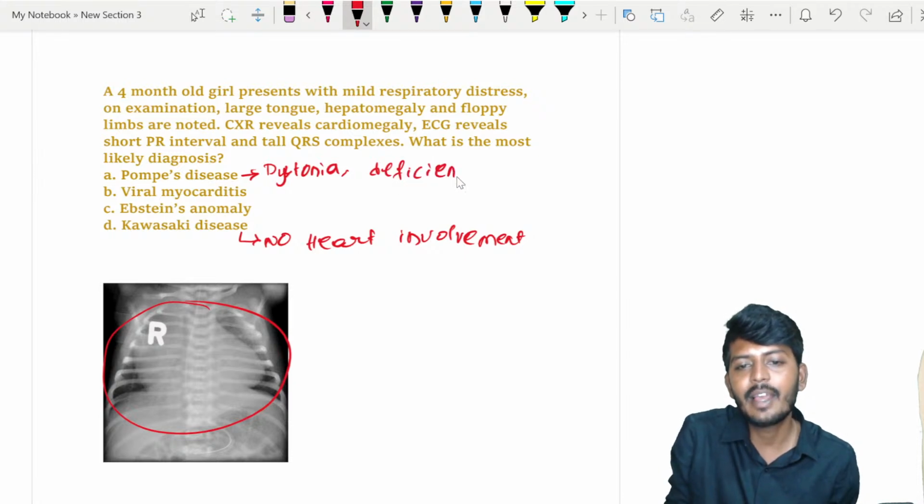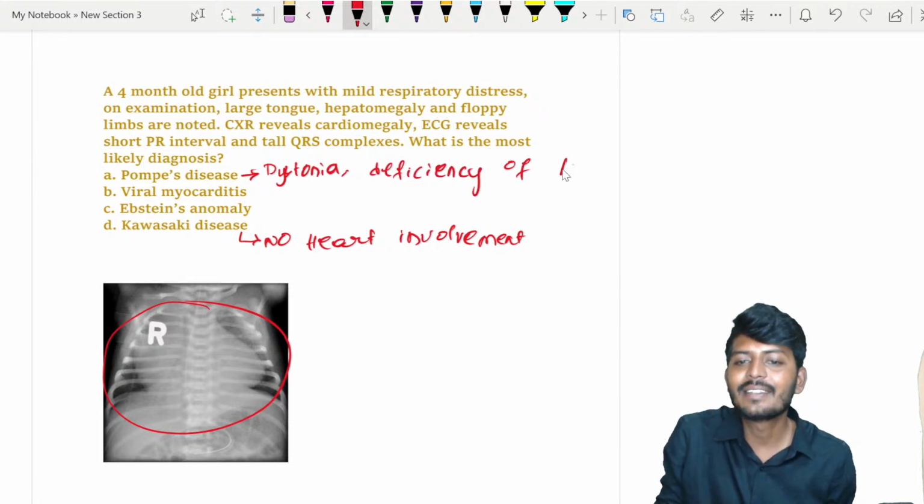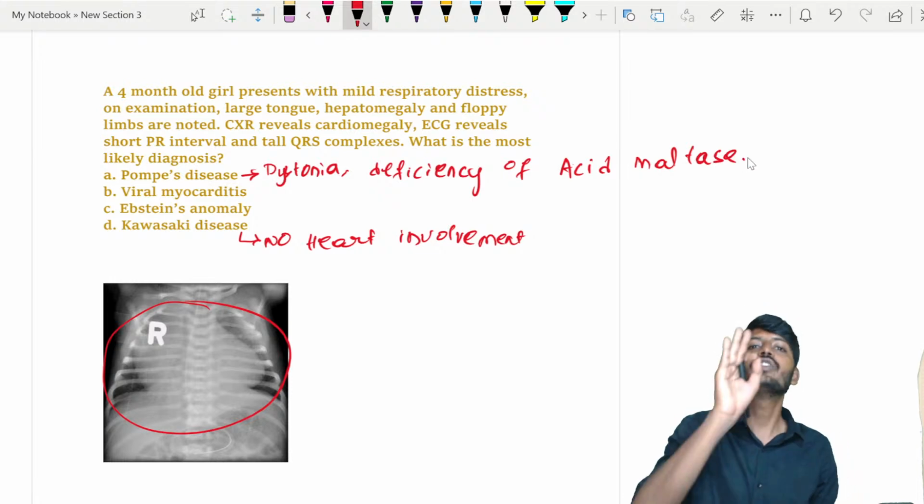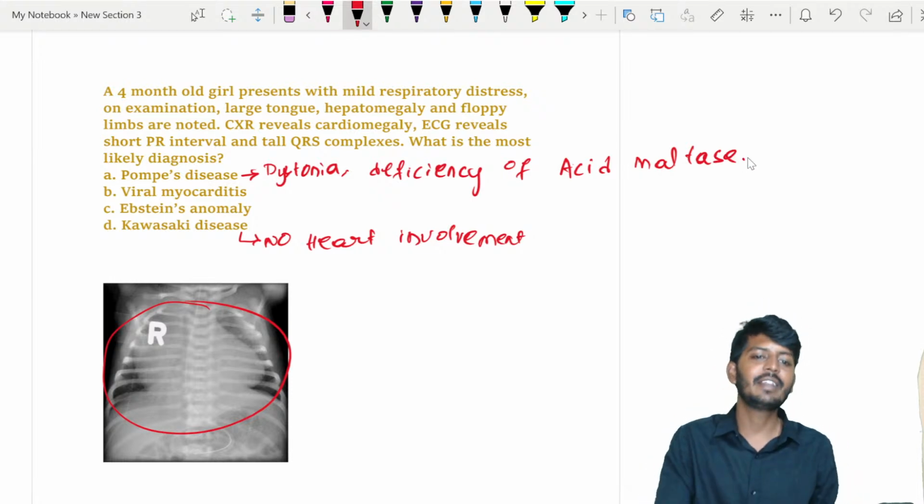What is the name of the enzyme? Deficiency of acid maltase. It is a type of, what is that? Yes, that is a glycogen storage disorder. And we are speaking of viral myocarditis and Ebstein anomaly.